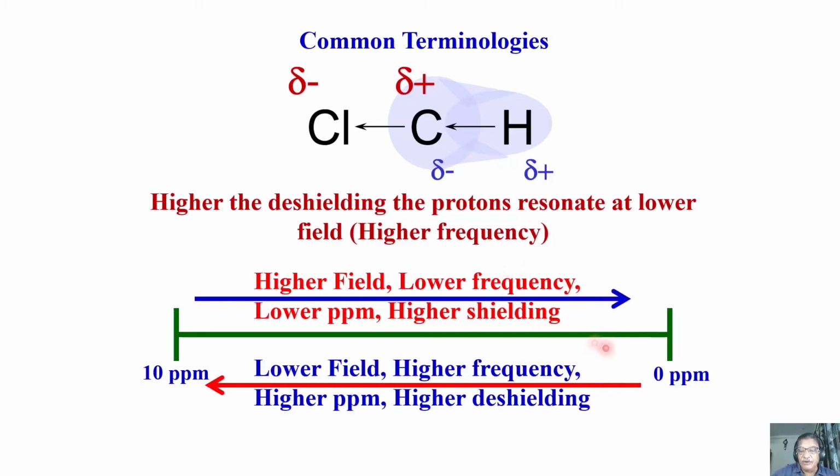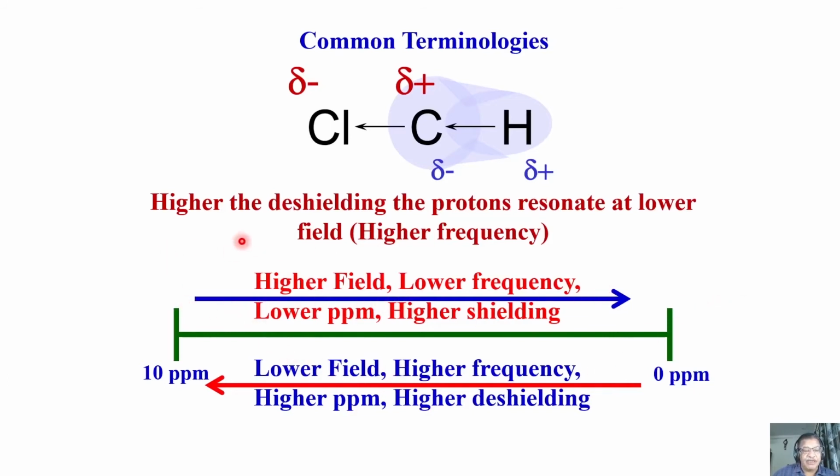Now, from 0 ppm, if you come towards 10 ppm, reading the spectrum from right to left, you are moving towards a lower field, higher frequency, higher ppm, and higher de-shielding. Exactly the reverse of what you read going from left to right.